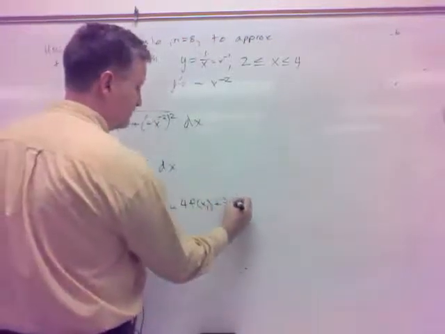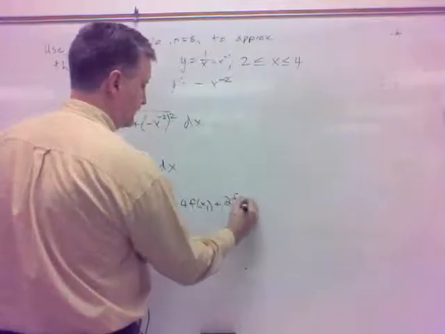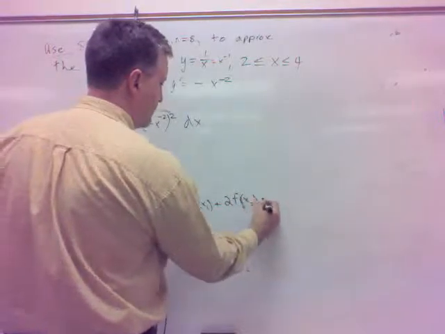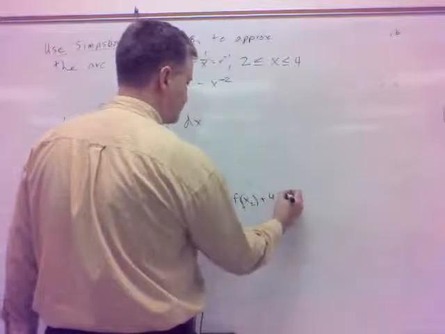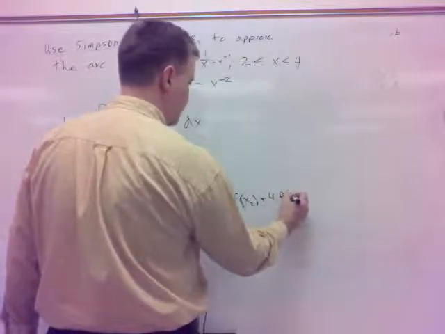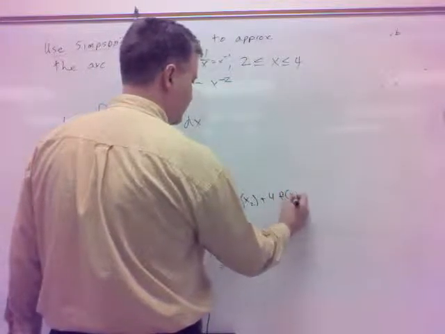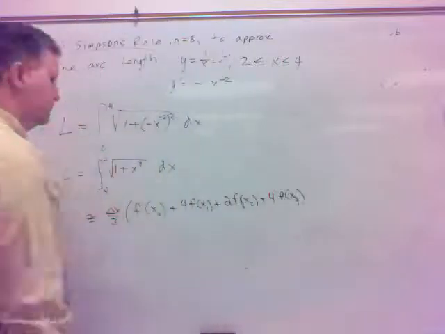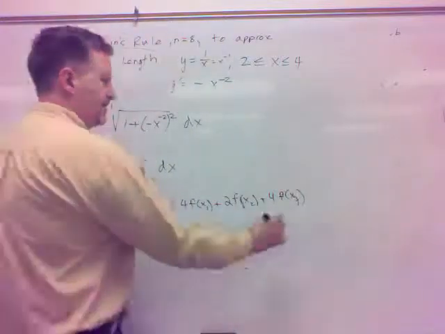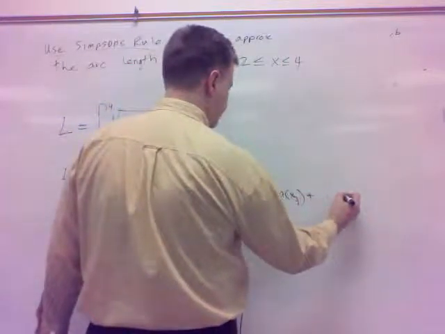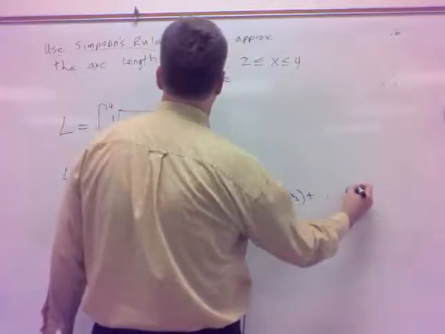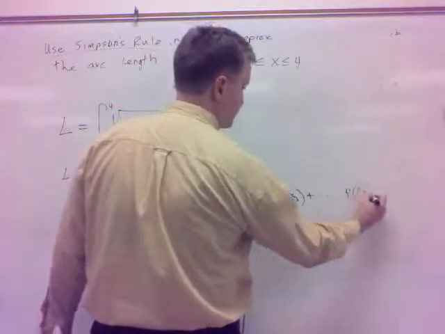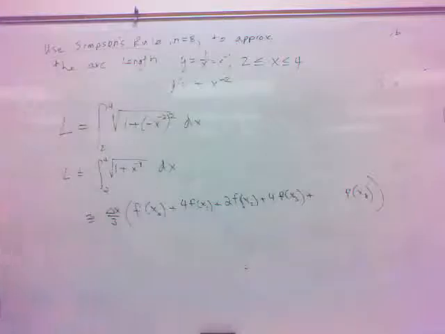It alternates between 4 and 2. f of x sub 2 plus 4 f of x sub 3, till you get to the end, which would be f of x sub 8 in this case.